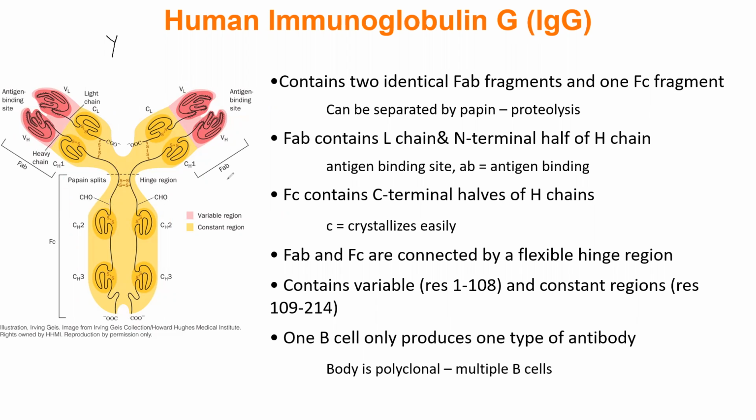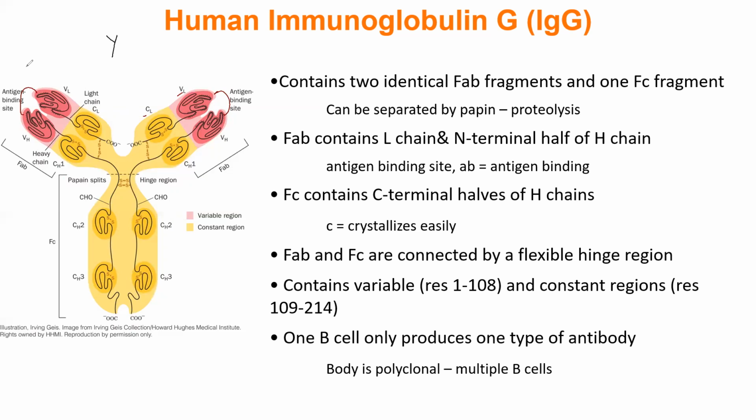You have 2 different regions as well that are denoted by V and C. V stands for variable, C stands for constant. The way that antibodies work is that these variable regions change.